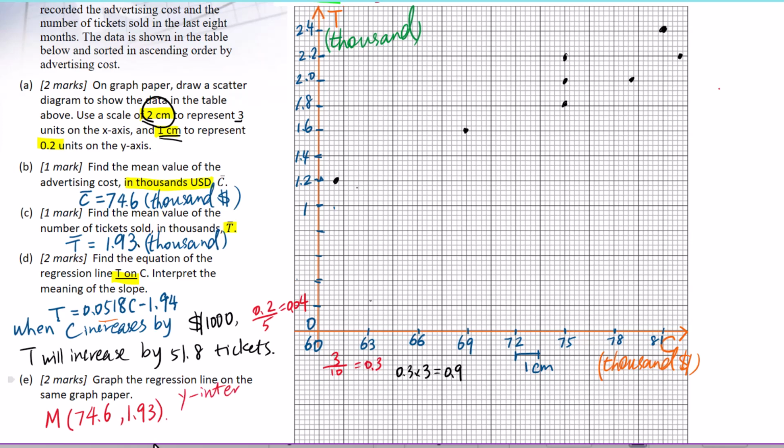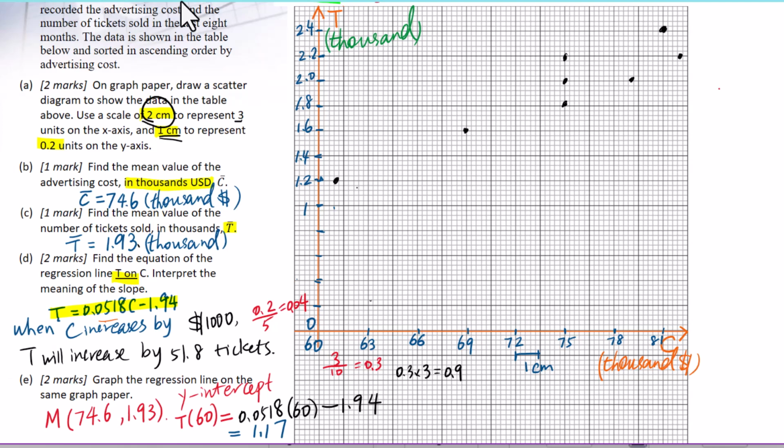In this graph, y-intercept is t of 60 equals. We will use this regression equation to figure out y-intercept equals 1.17.